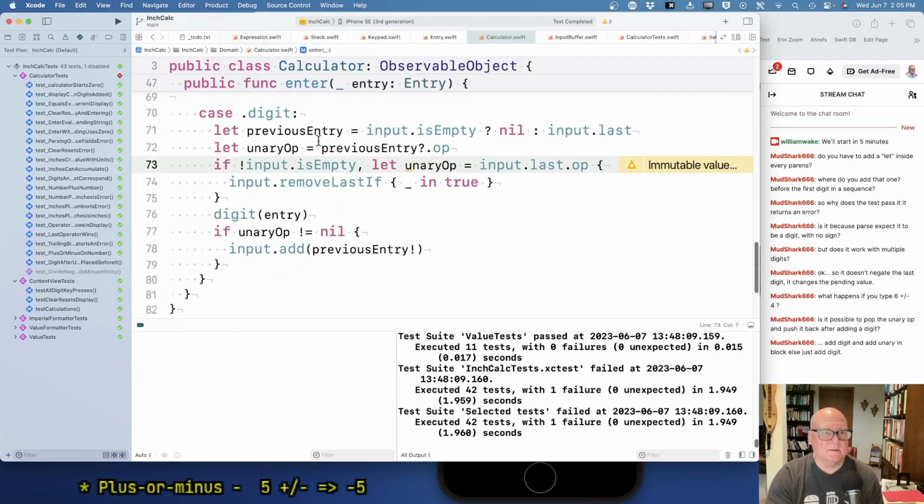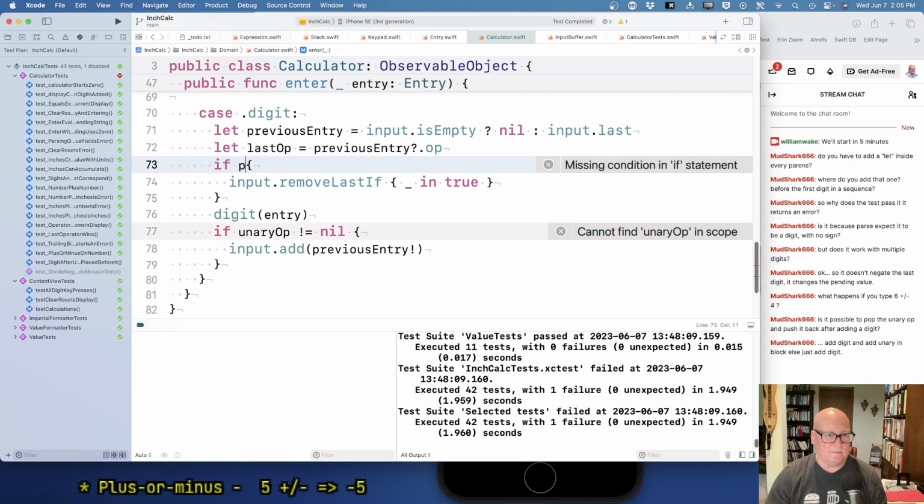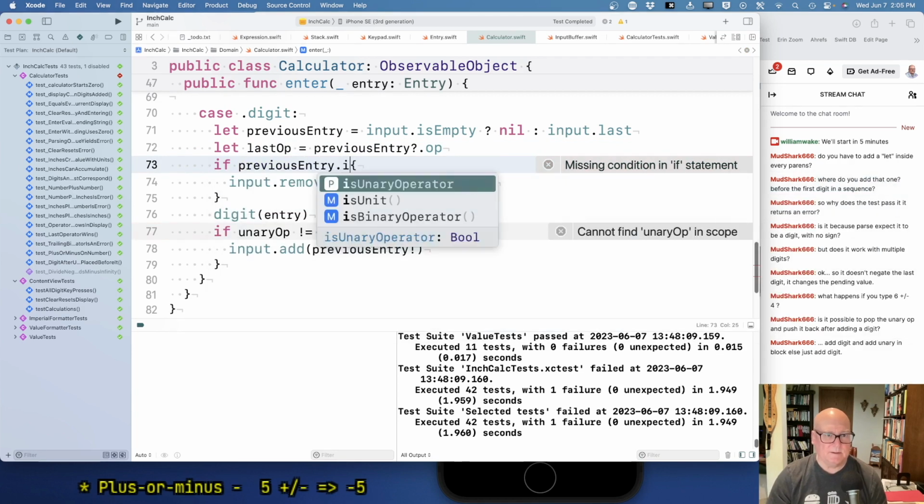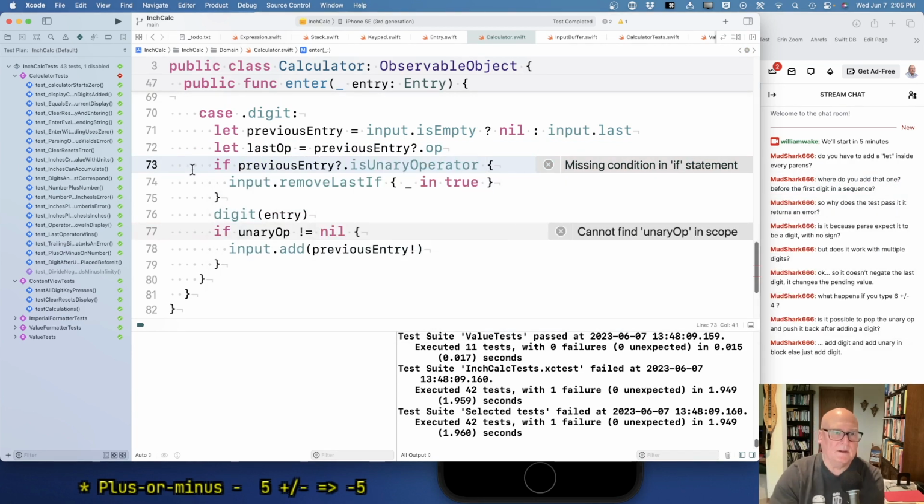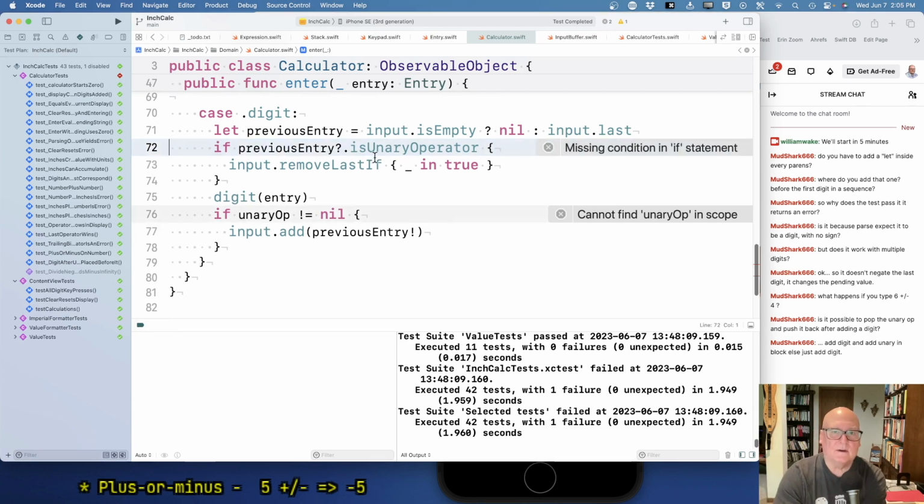Let's go back here. So the question is, well, if previous entry dot is unary operator. Okay. Maybe that's where I'm going wrong. Okay.